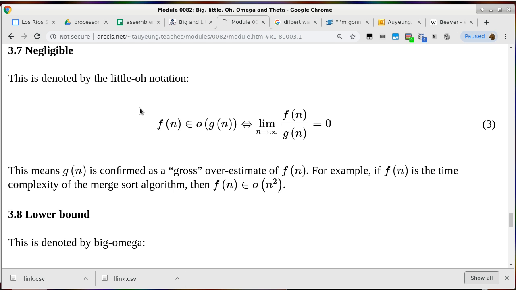So n cubed is an overestimate of that f that we had before, but it is still big O, so both big O and little o would apply to n cubed. But only big O would apply to n squared with the f that we have defined in the example.